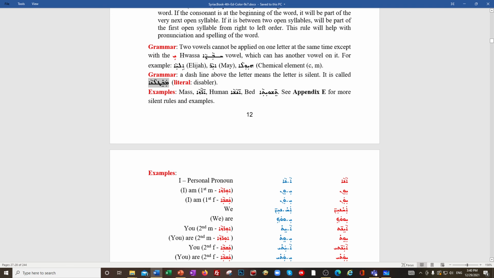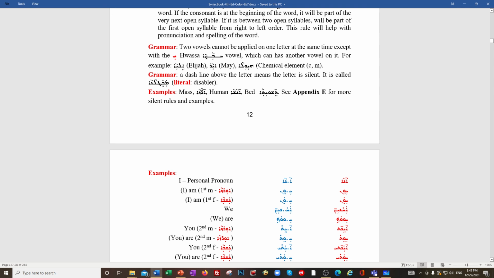We need that one for spelling, otherwise it is going to be a wrong spelling. For example, mass is raza. Do you see alep at the beginning has a line above? Even though alep has no vowel and is silent by itself, they put that line on top to make it silent.